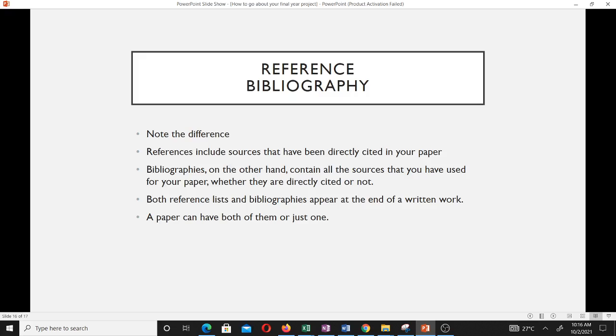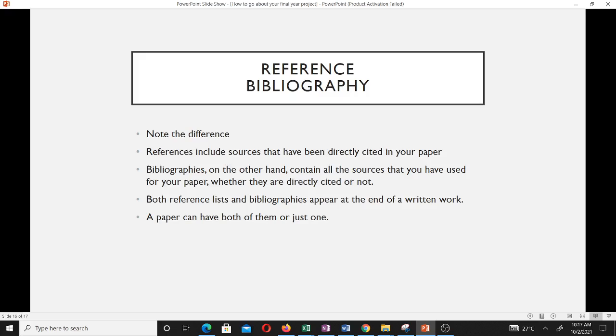Okay. When it comes to the bibliography, on the other hand, that one contains all the sources that you have used for your paper, whether they are directly cited or not. So that's the difference between the two. But mostly, especially in KNUST, we take the references, okay?